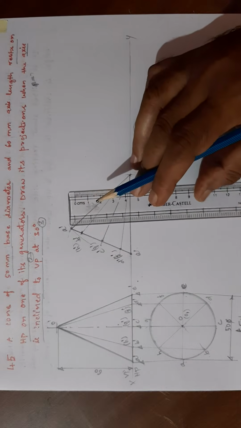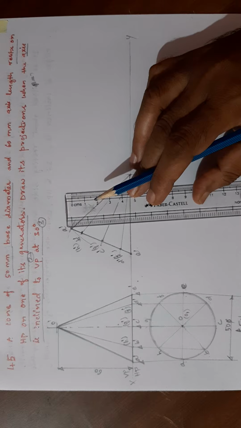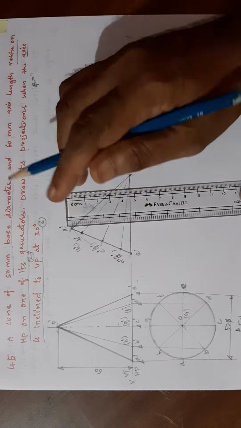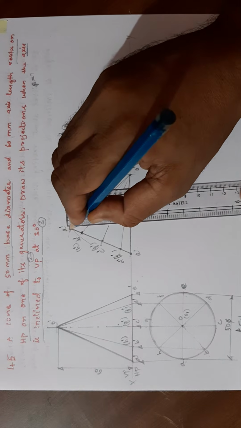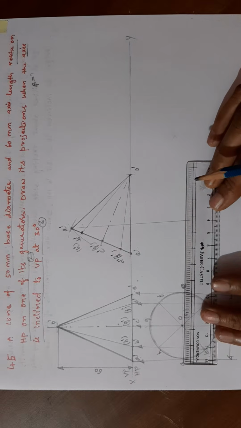Now first I will start from A dash. Draw a horizontal projector line from A dash.